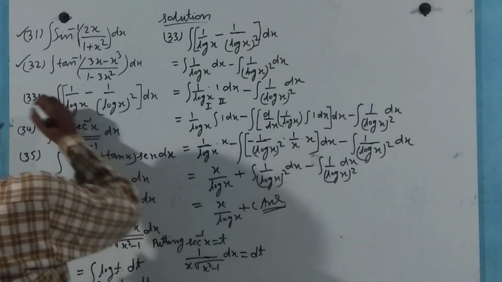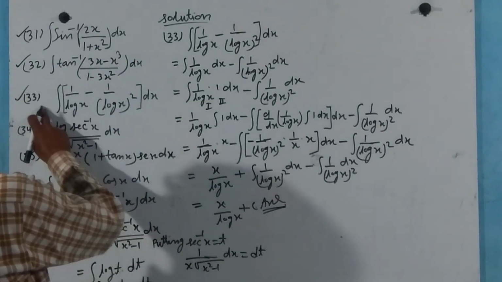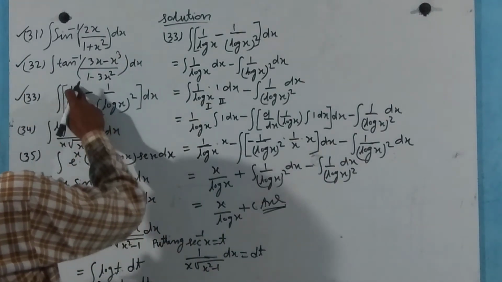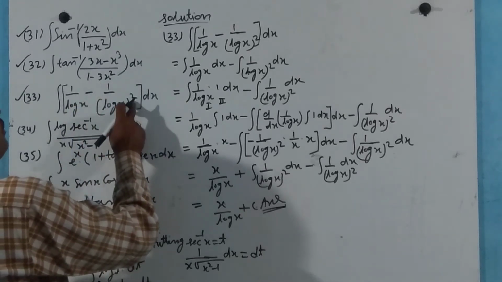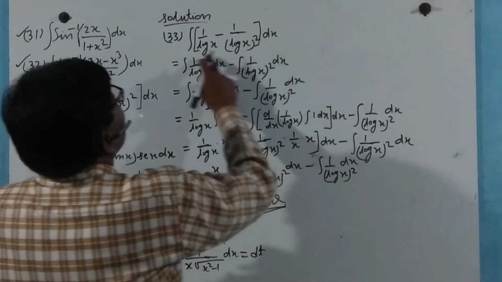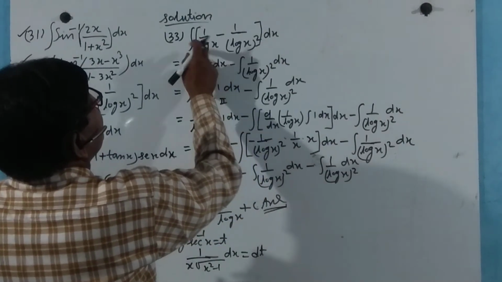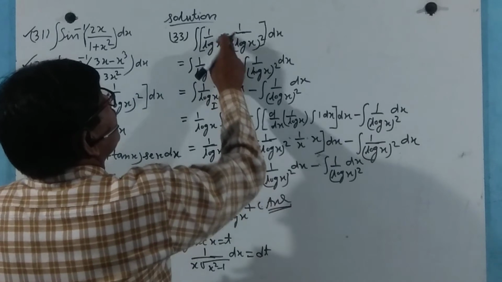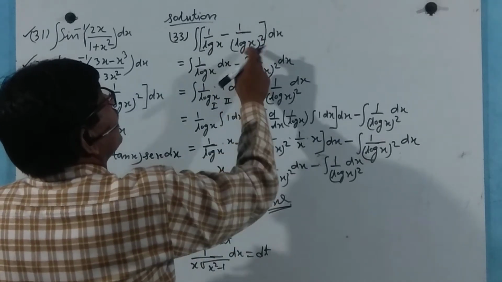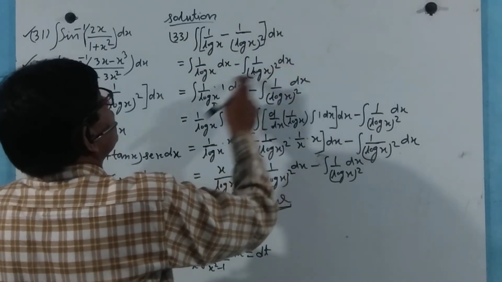Now here, question number 33: the integration of 1 by log x minus 1 by log x to the power 2 dx. We separate this as the integration of 1 by log x dx minus the integration of 1 by log x to the power 2 dx.